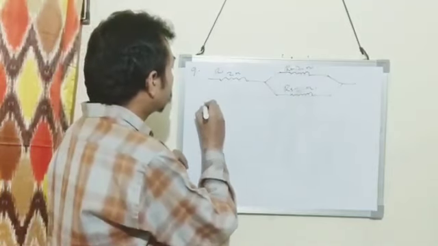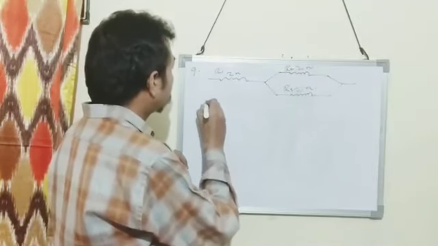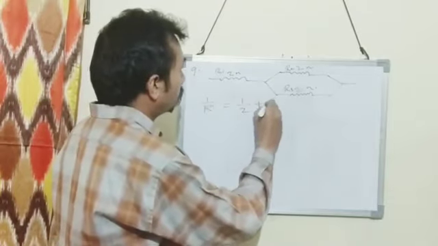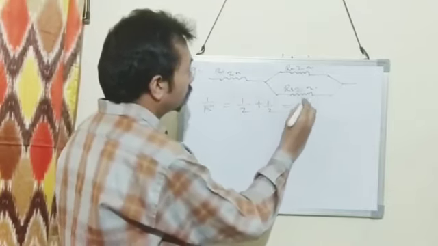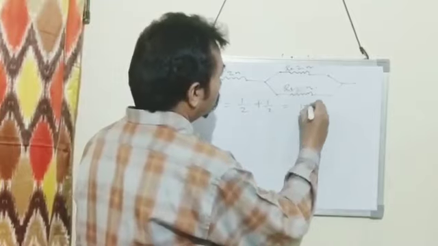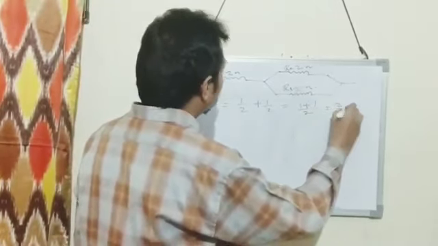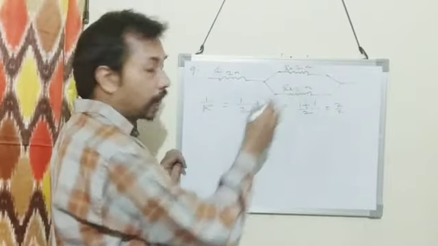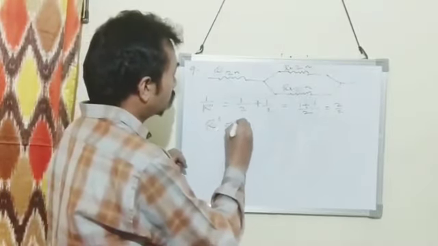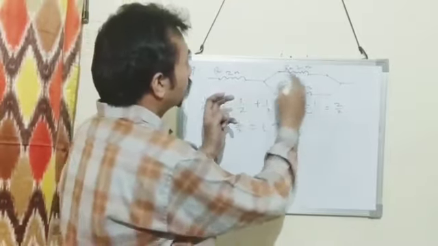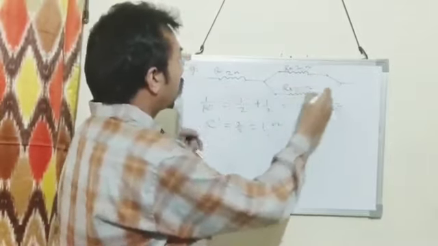Their total resistance, 1 by R dash, is equal to 1 by 2 plus 1 by 2, which is, taking the LCM, 1 plus 1 upon 2, 2 by 2. Therefore, R dash will be equal to 2 by 2, which is equal to 1 ohm. The total resistance of this part is 1 ohm.